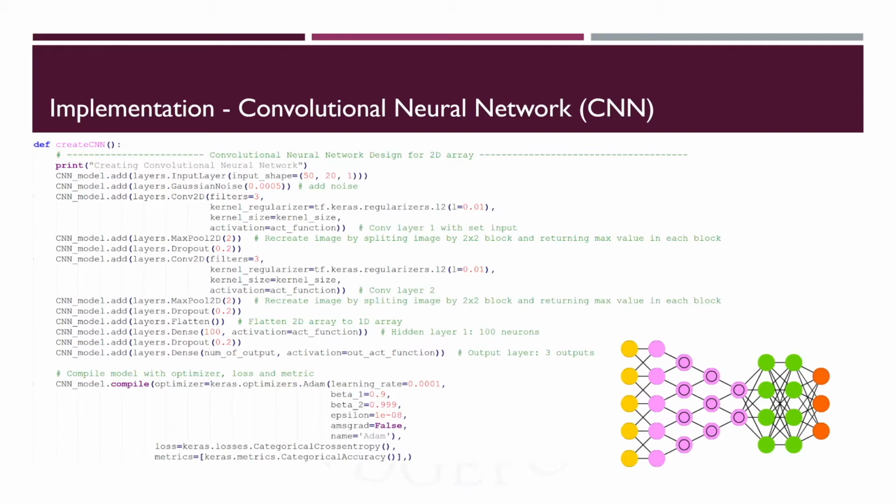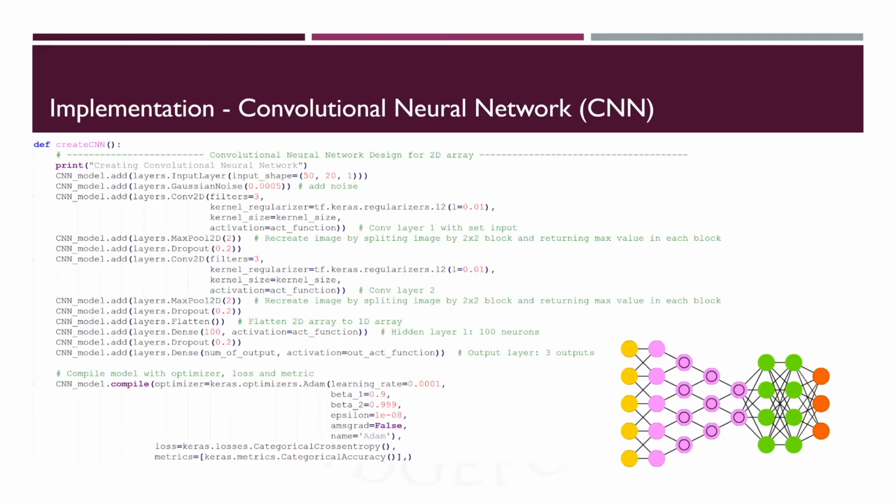Both layers have 3 filters with a kernel size of 5 by 5. And each convolutional layer also has a max pool layer after it. After these convolutional layers, we have a flattening layer, and then a dense hidden layer with only 100 neurons.